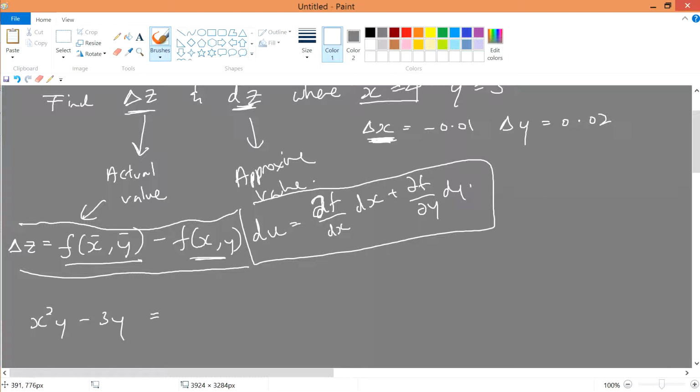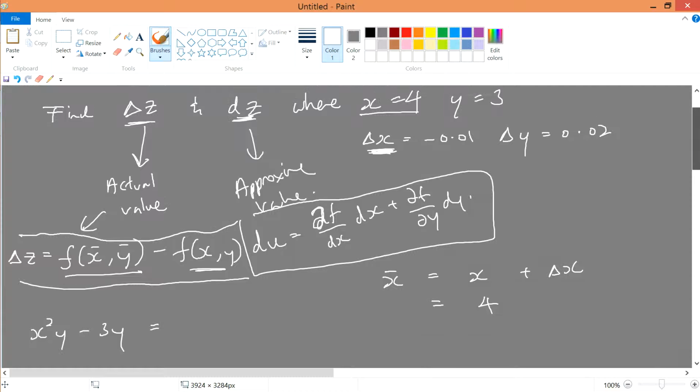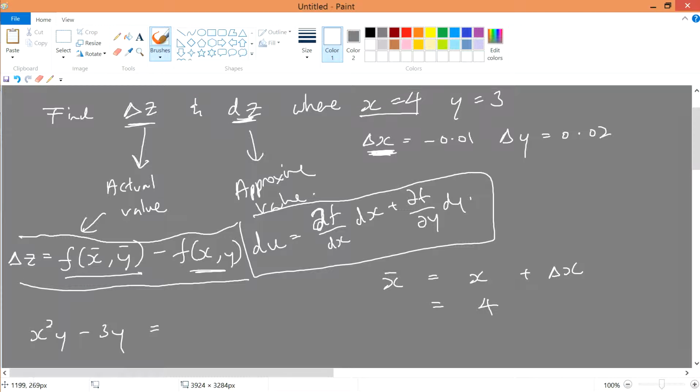So x bar itself is equal to x plus some delta x. So I have 4 plus minus 0.01, which is 3.99.